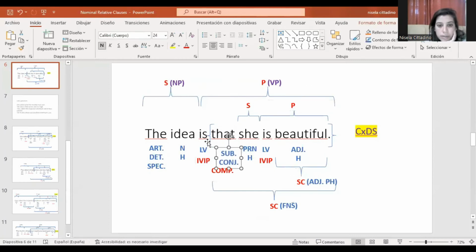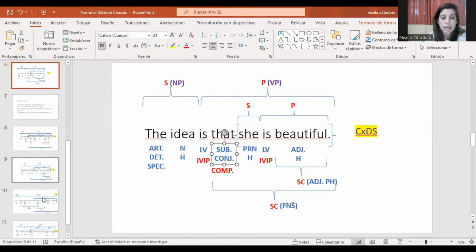The idea is that she is beautiful. If you think of it, the idea is that is one clause. She is beautiful is a different clause. So the mistake that I made is that I wrote that it was the predicate. It's not the predicate of the clause because it's part of the overall predicate of the complete sentence.